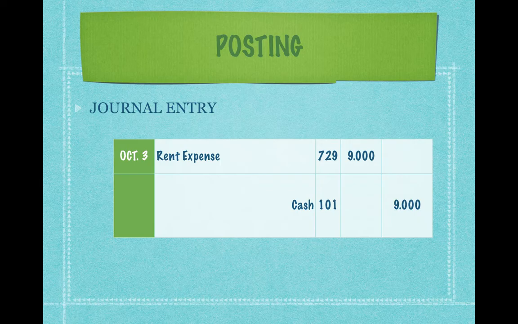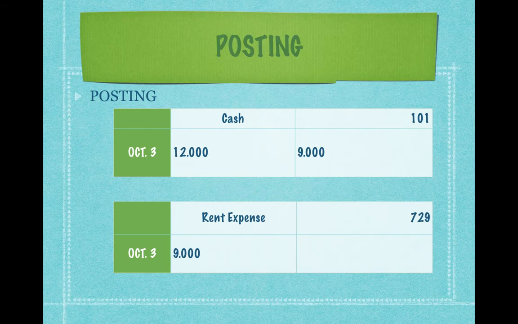Alright, let's move on to the general ledger over here. As we can see, this is a particular table or the particular general ledger for cash and also for rent expense. I still put the amount from previous case here so you can see what will happen for this general ledger.